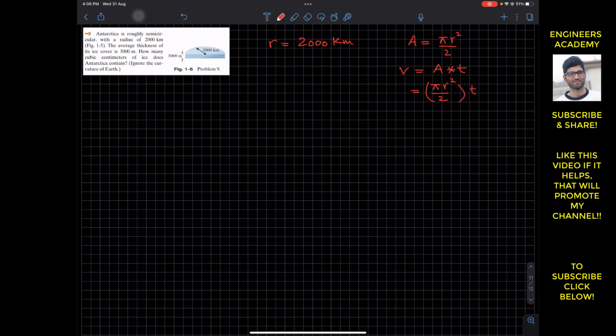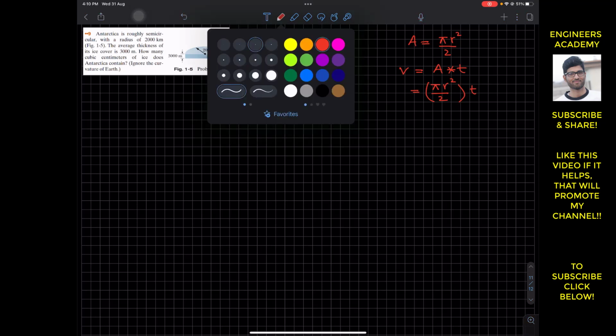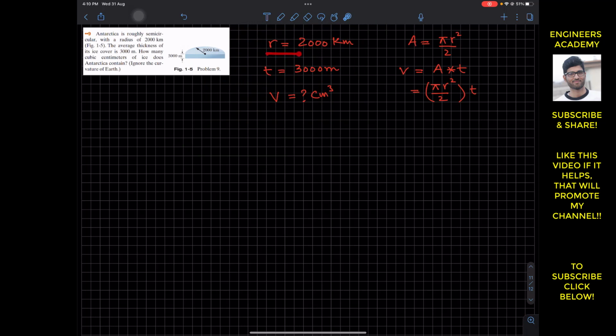The ice thickness is given as 3000 meters. We need the volume in cubic centimeters, so we need to convert this radius and this thickness into centimeters first.